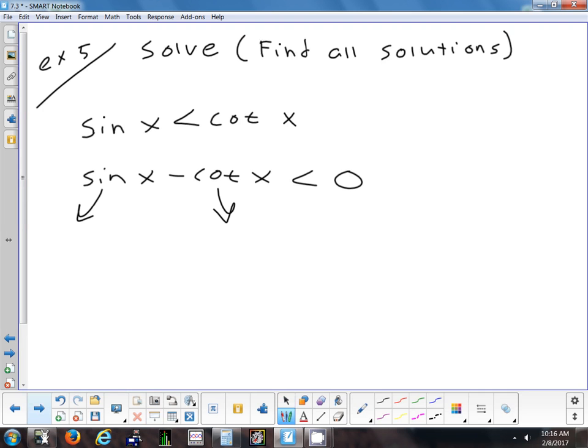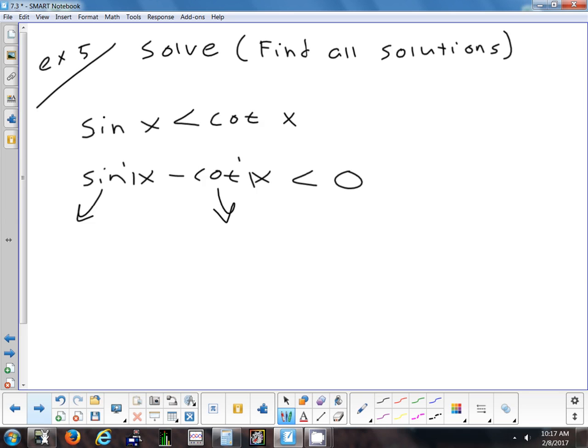And now find the periods. There's no powers on any trig term. So what are all my powers here? My powers? Yeah, these are assigned to the first, cotangent to the first. And there's also no number in front of x. So what is b in this case? 1 and 1. So basically, it's just the basic function.